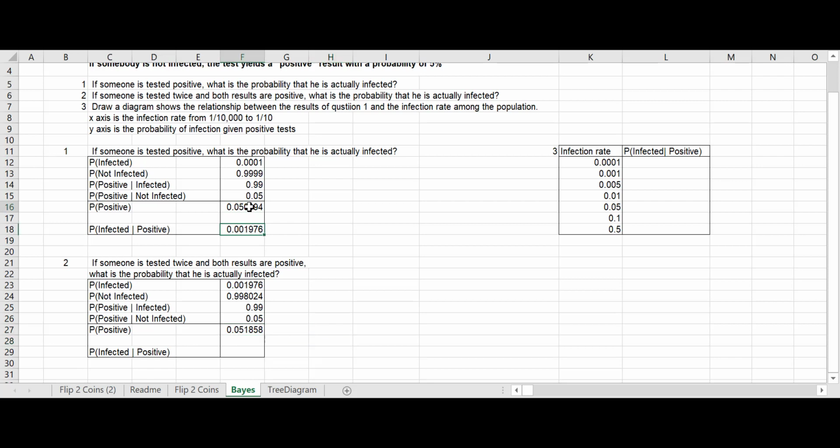So this is slightly higher now. So if you test positive twice, again, how likely are you to be infected? That's equal to infected and test positive, divided by this group. See, this time it's much higher than the initial if you only test once.